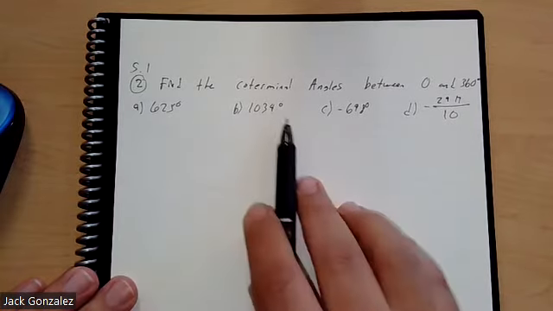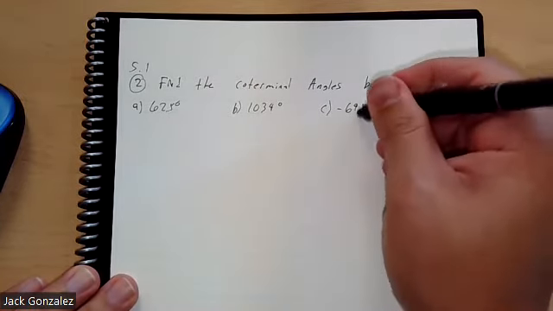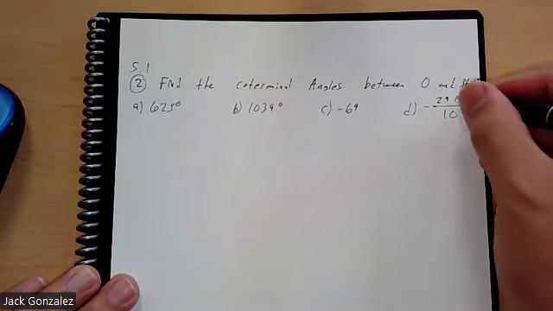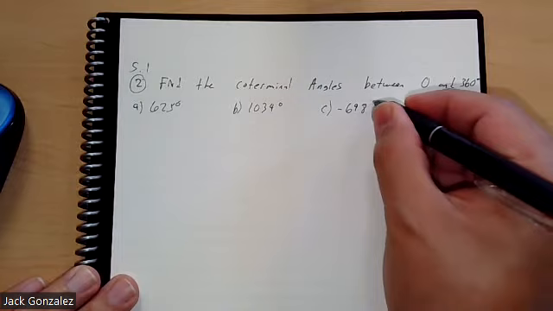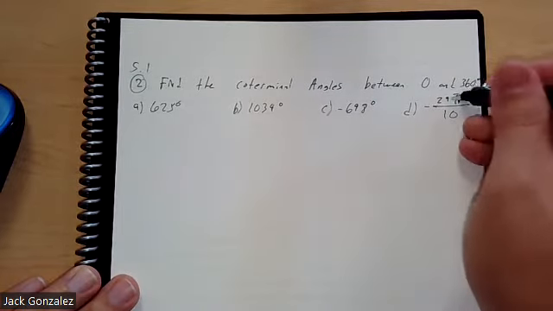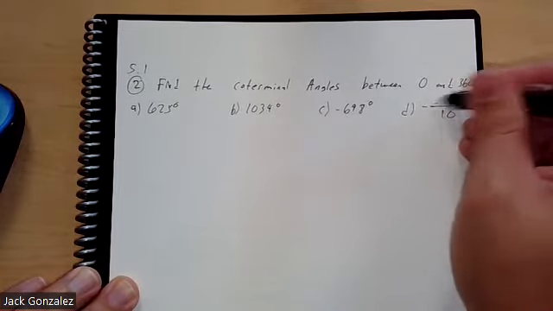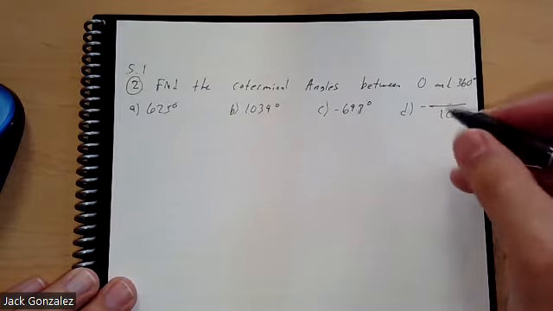So 625 degrees, 1034 degrees, 698.8 degrees, and 29 pi over something. A weird pi.